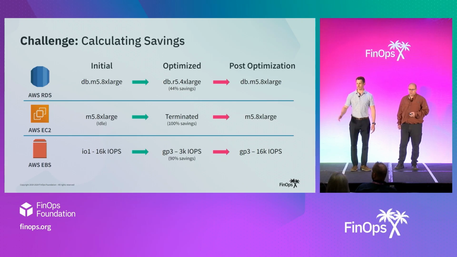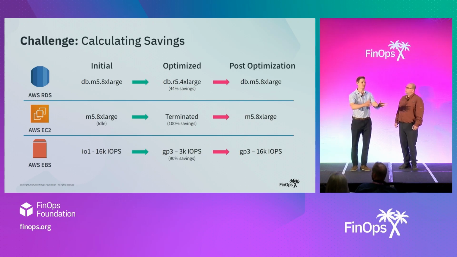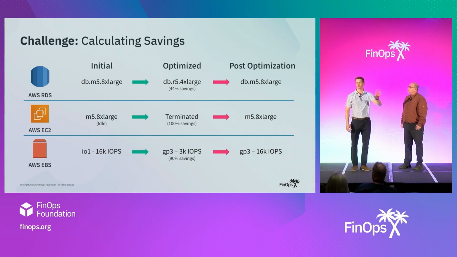Now, let's say that costs $1,000 a month. So if I'm a FinOps team and my boss is asking me, what impact have you made? Show me, prove to me the value proposition of your position.